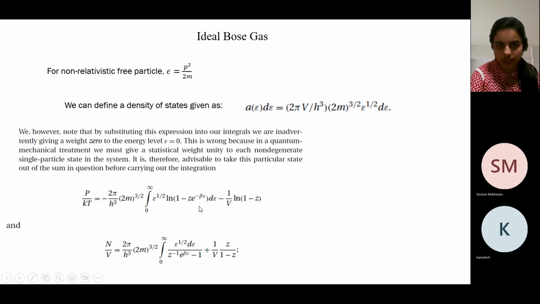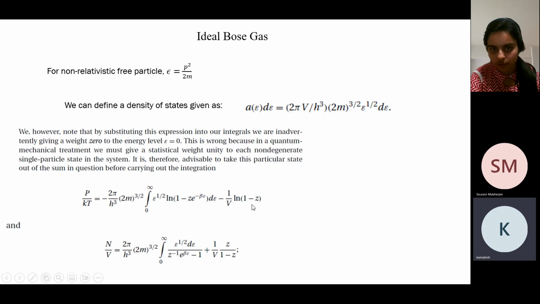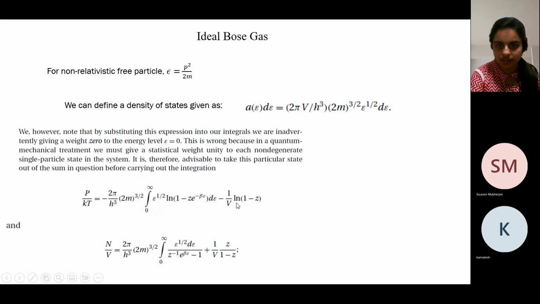That's why you take it outside and write it explicitly outside the integral, and that's why you get this extra term, 1 by V ln(1 minus z), or 1 by V z by (1 minus z). Do you understand this?